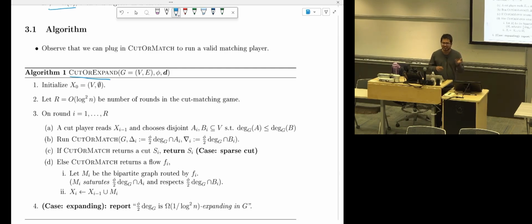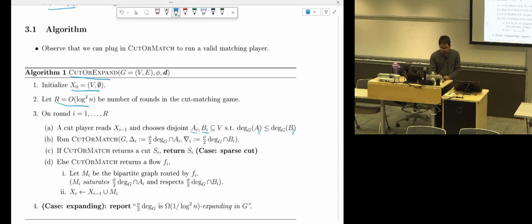We just replace black box max flow with our cut or mesh. So we start with an empty graph for the cut player, and we have log squared rounds of the cut matching game. In each round, the cut player is going to choose some A and B.